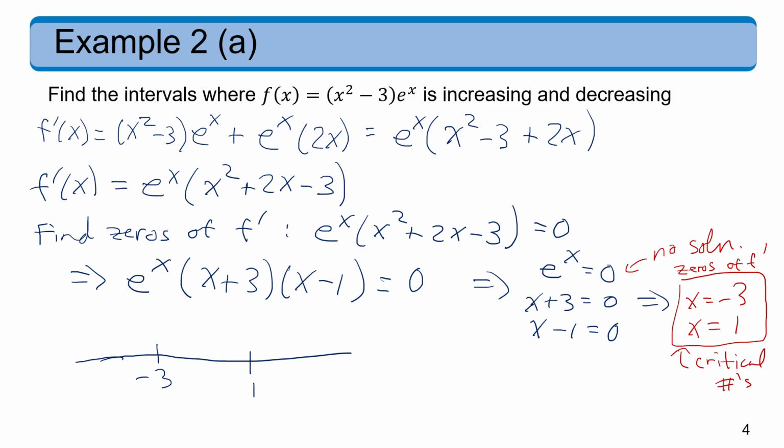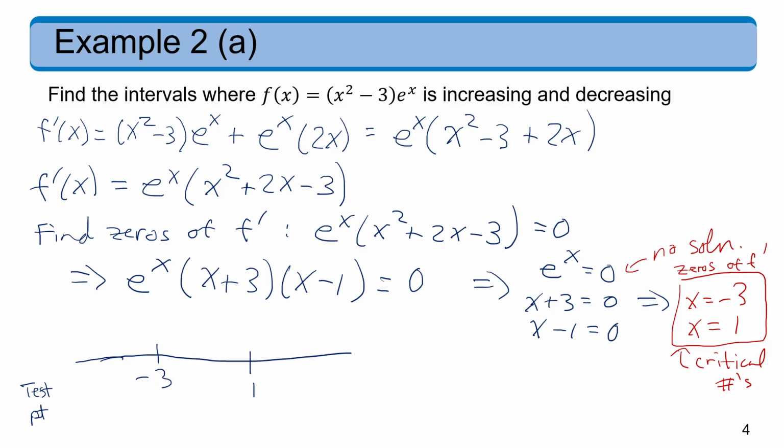So this divides my x-axis into 3 subintervals. And we're going to test each subinterval to see if f prime is positive or negative over that subinterval. To do that, we can use a test point from each subinterval. So below the number line, I'm going to write my test points.